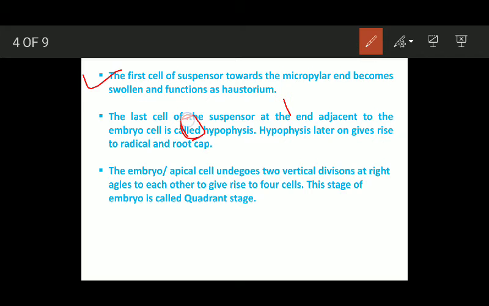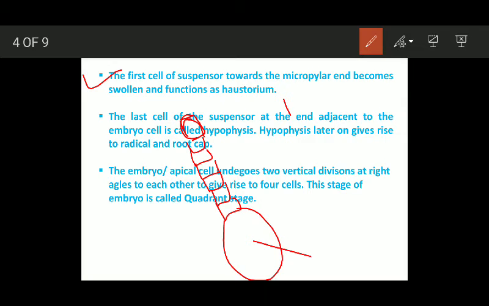This is the apical cell, then we have a few celled suspensor, 6 to 10 cells usually. The haustorium pushes the developing embryo, which forms from the apical cell, into the endosperm.